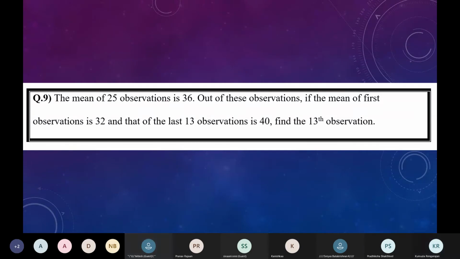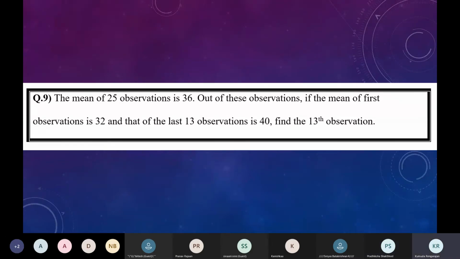Find the sum of the first 4 numbers. What is the sum of the first 4 numbers? 34, ma'am. Okay. What is the sum of the last 4 numbers? 46.